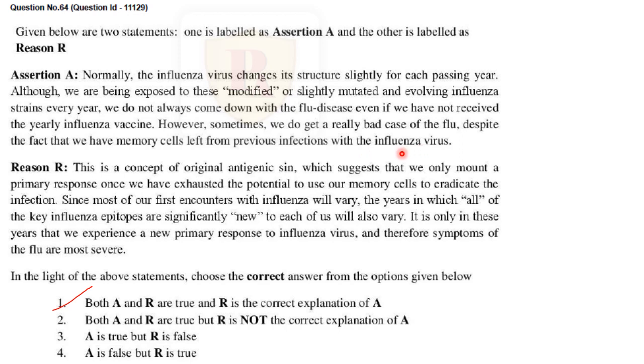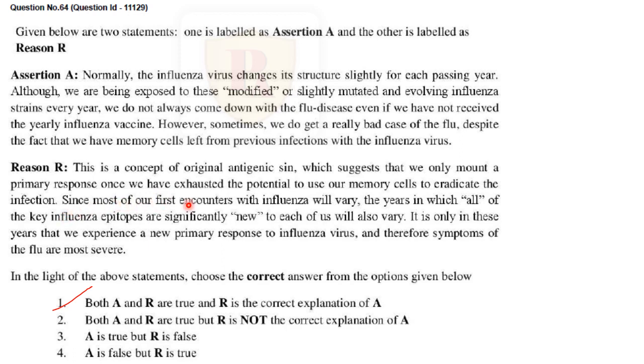Now, why does this happen? This is because of what is called original antigenic sin, which suggests that we only mount a primary response once we have exhausted the potential to use our memory cells to eradicate the infection. Now, new dominant antigens have been produced. So once this influenza virus undergoes mutation, a new dominant antigen will be produced.